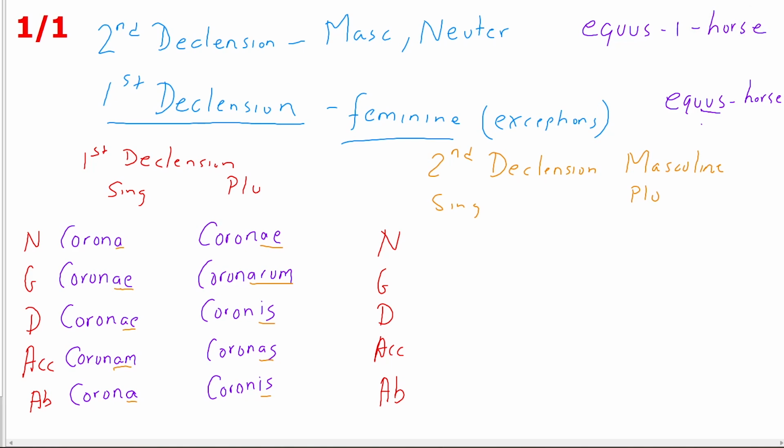So in the dictionary, which two cases are indicated? When you look at the dictionary, when a word is given like this, what is indicated? Which two cases? Nominative and genitive singular. Okay, keep this in mind.